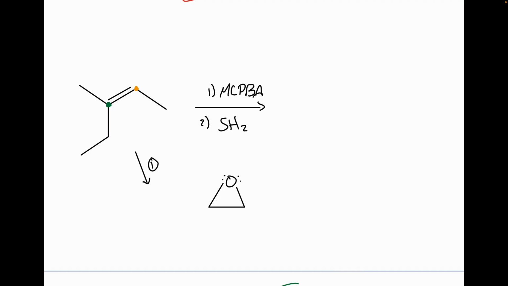All right, you can skip this step when you get pretty good at this, but for now, I'm going to show that first step in that sawhorse projection. This time I have a methyl group and an ethyl group pointed in the same direction, and that ethyl group, and that methyl group in the back.